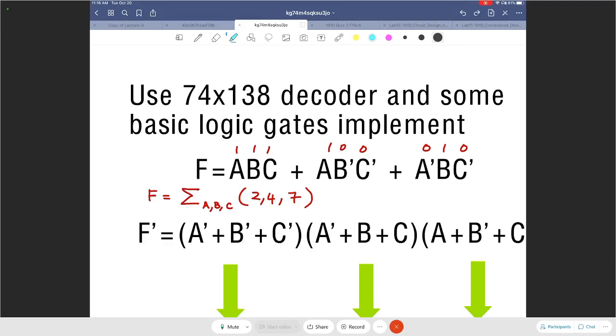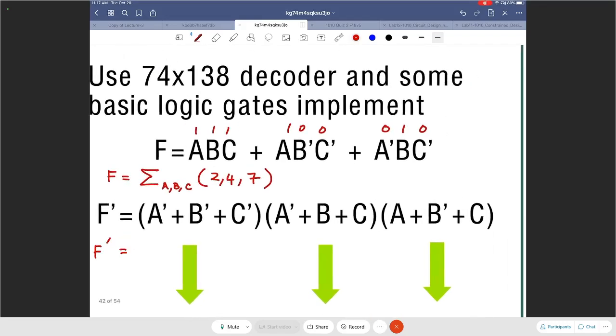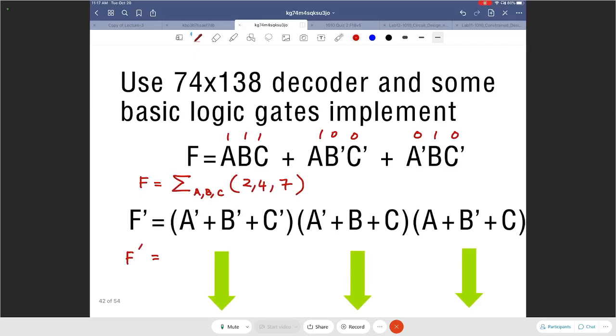Now what would be F complement? If I said flip it, like F complement, what do you get? Let's see. Do you have min terms or max terms here?